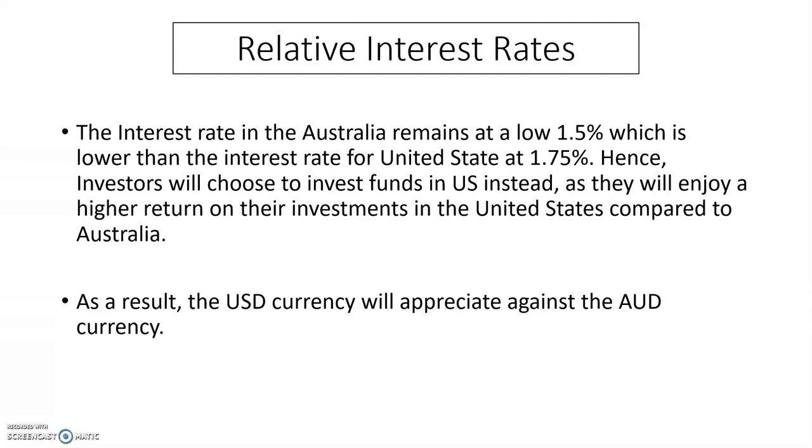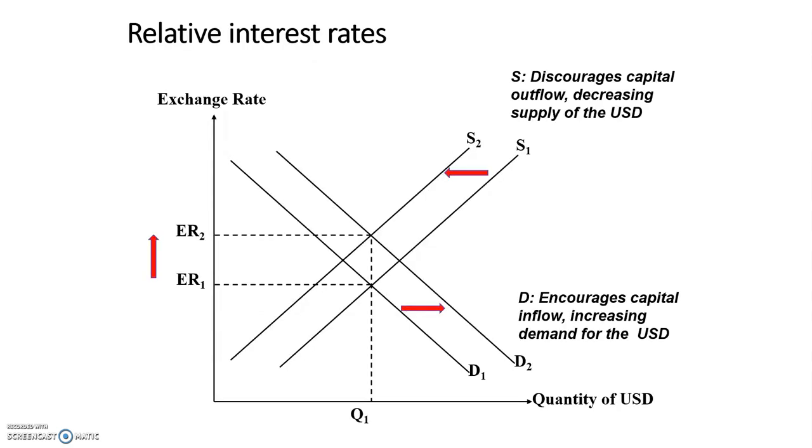Therefore, investors will choose to invest funds in the United States instead, as they will enjoy a higher return on their investment in the United States compared to Australia. As a result, the USD will appreciate against the AUD.